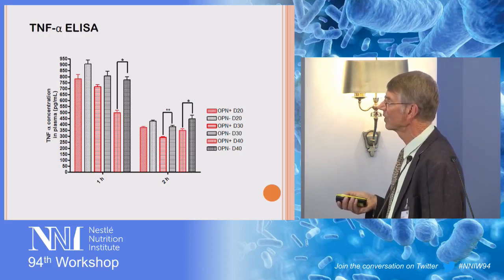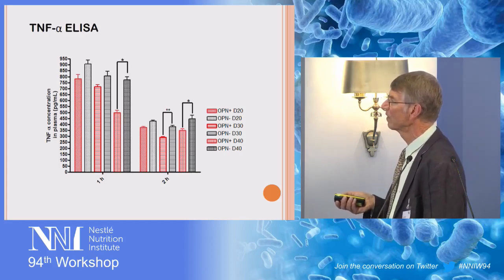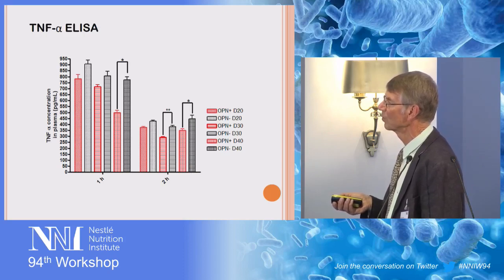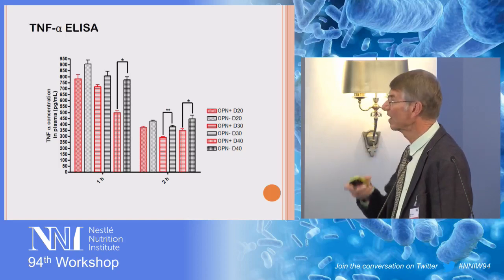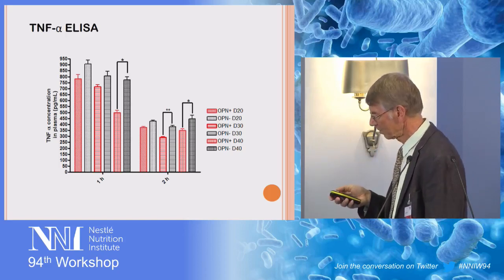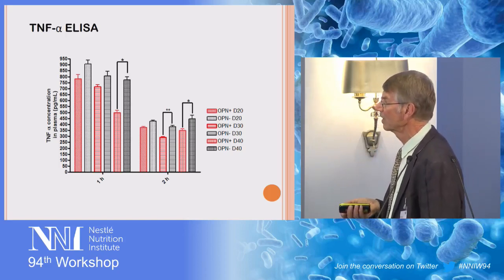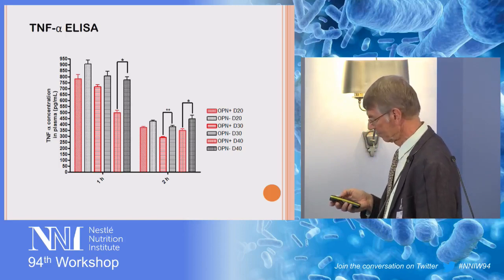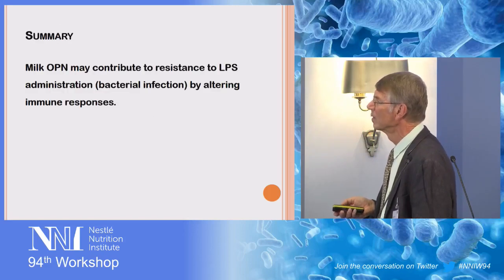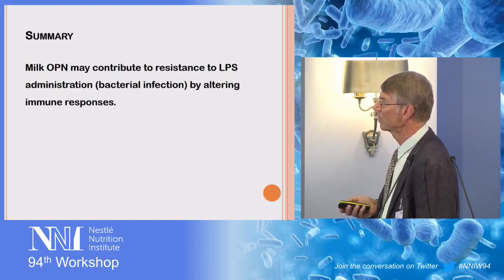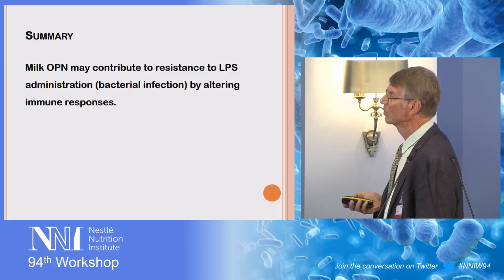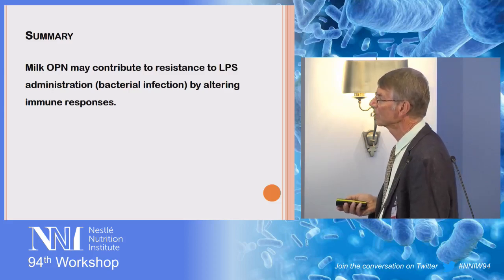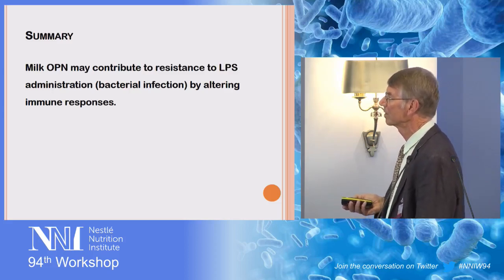So a downregulation of TNF alpha when osteopontin was in the milk, suggesting that pro-inflammatory cytokines may be downregulated by the milk osteopontin. So therefore, milk osteopontin may contribute to resistance to LPS administration and therefore bacterial infection by altering immune responses. More work needs to be done on that, and we're doing that as we speak.